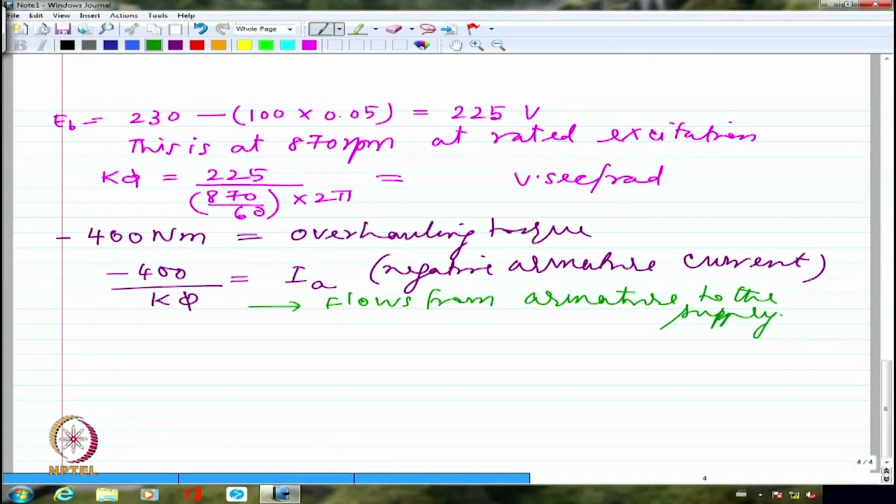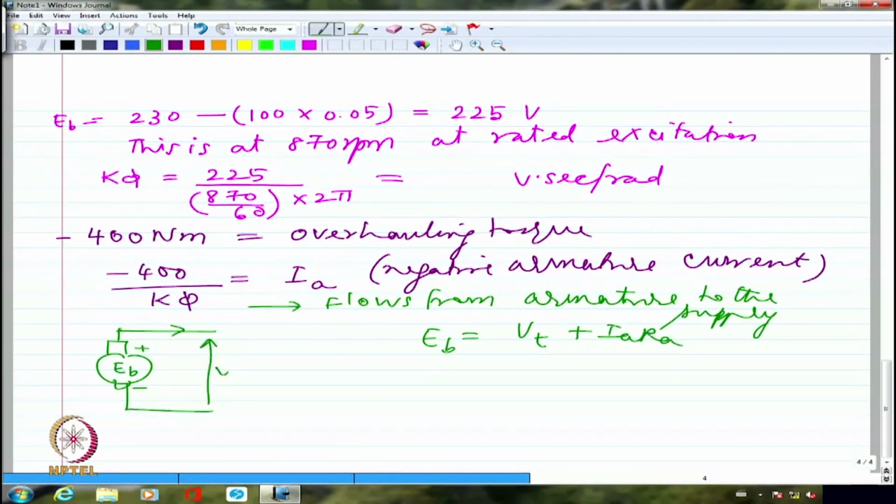Am I right? Now, all I need to do is, what is the value of EB under this condition? Please understand that now the current is flowing this way. And this is EB or EG if it is working as a generator. So EB under regenerative braking will be equal to the terminal voltage plus IA RA, because the current is flowing the other way round.